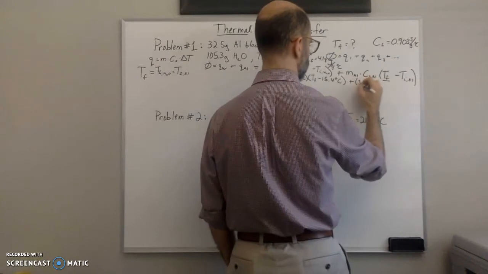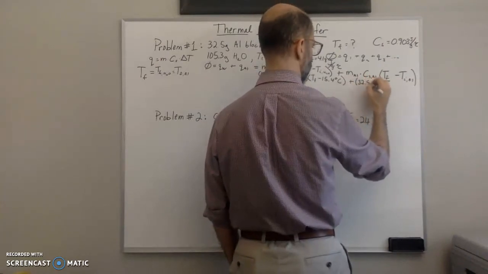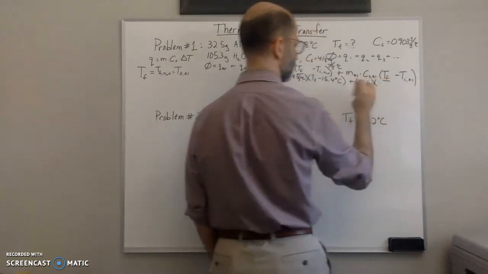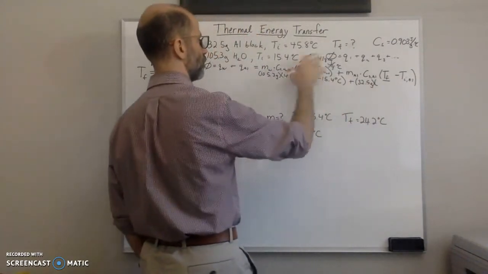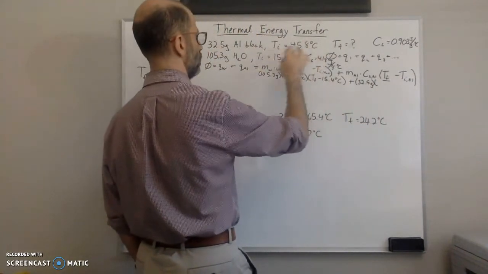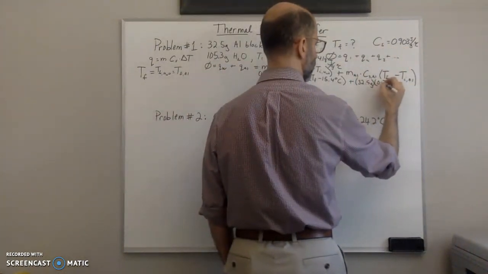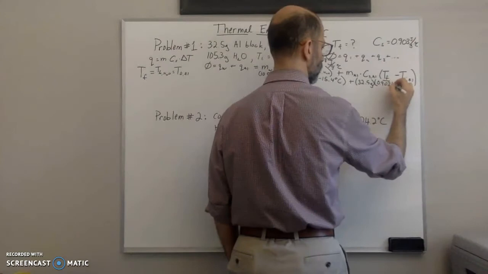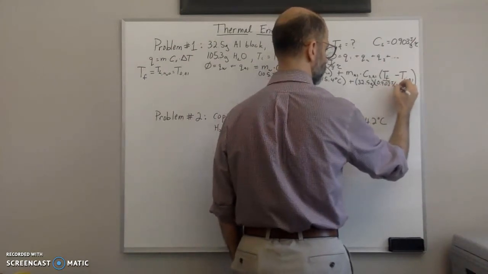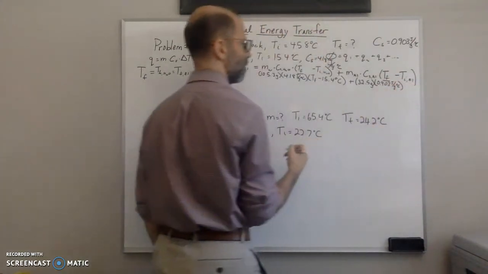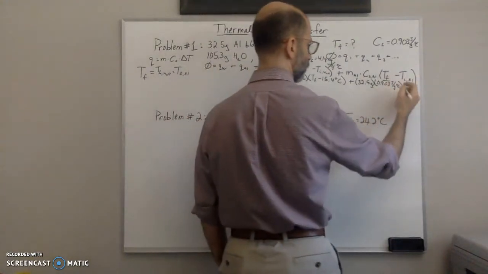So we have 32.5 grams times the specific heat of the aluminum, which is 0.903 joules per gram degrees Celsius, multiplied by, again, final minus initial.